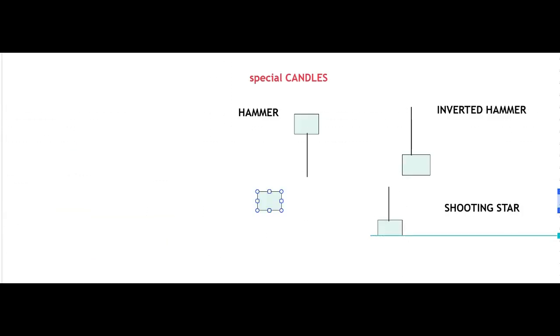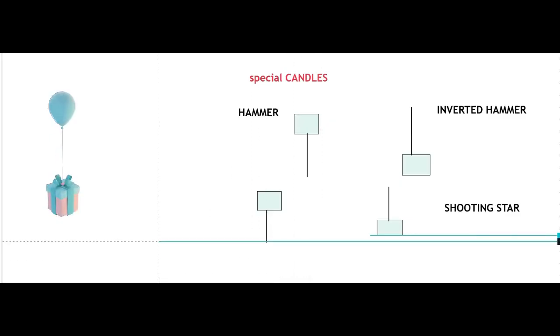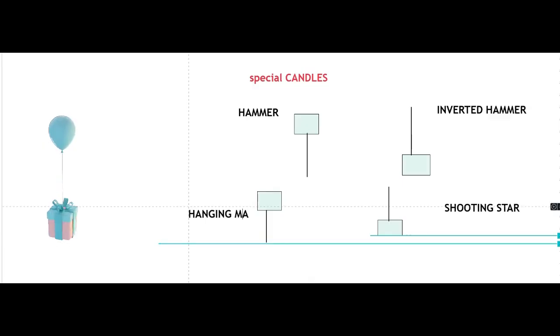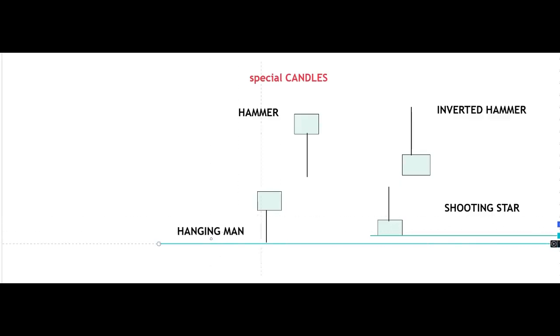Coming to the hammer side, this is the same hammer, and if the low is gone, then we can call it a hanging man. Till the low is preserved, it is a hammer only. When the low is gone, it means the next candle should close below the low.